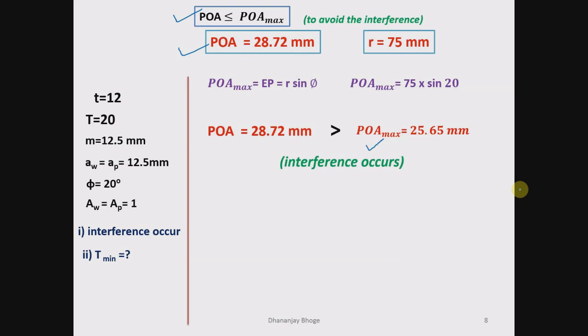Clear how to solve the problem? Actual path of approach is greater than its maximum value, म्हणजे पॉइंट सी ई च्या बाहेर चाललेला आहे. So interference is taking place. So write this conclusion: since path of approach is greater than its maximum value, there is interference.